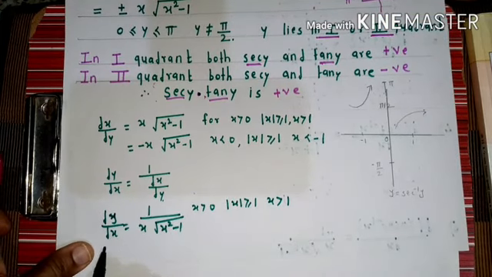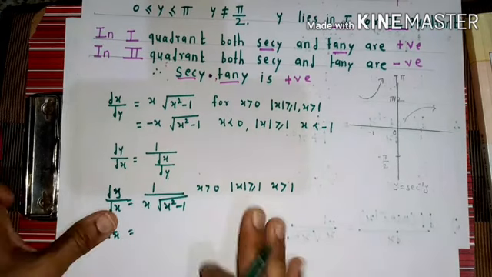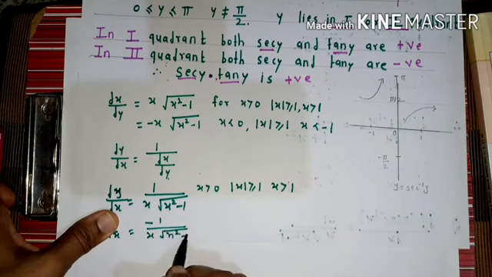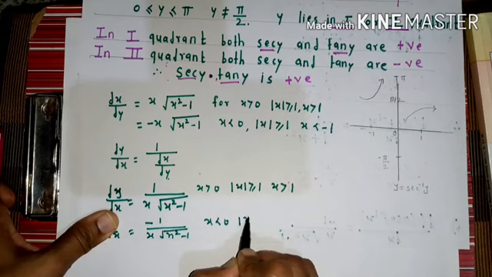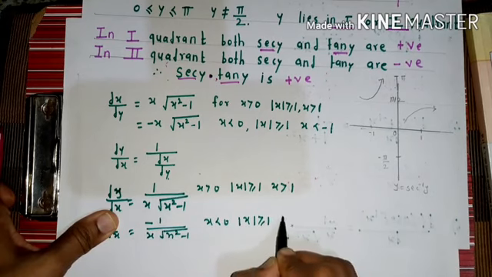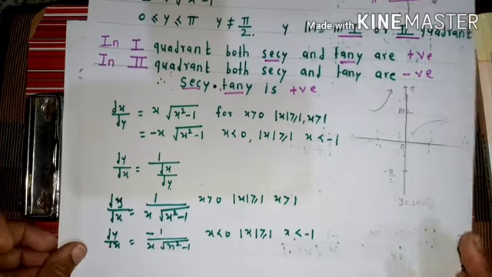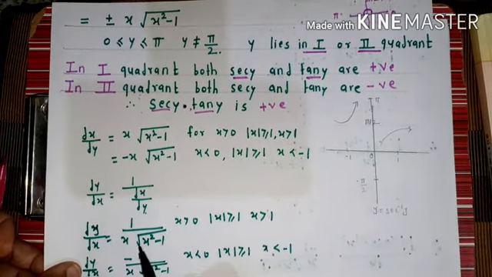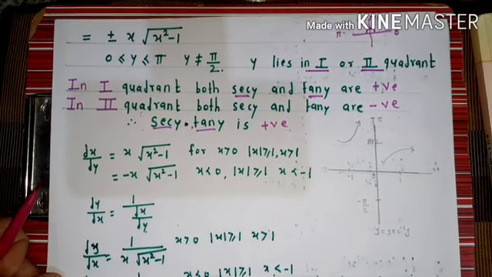And also dy by dx equals minus 1 upon x into square root of x square minus 1, for x less than 0, mod of x greater than 1 and x less than minus 1. So in this case the differentiation is positive, and in this case the differentiation is negative.